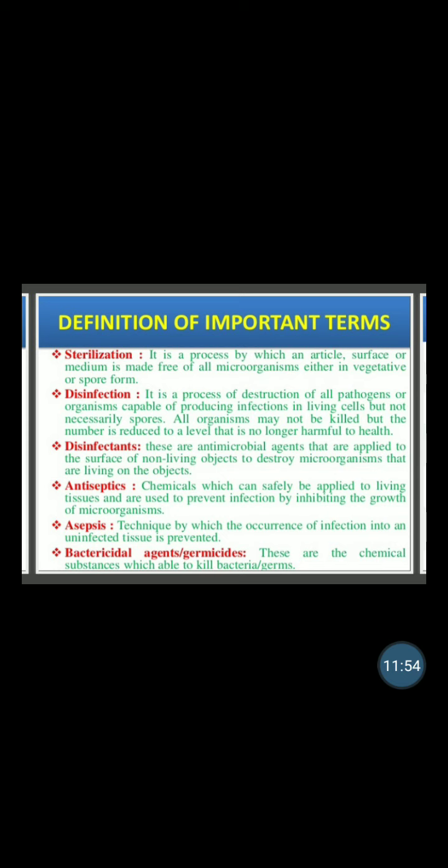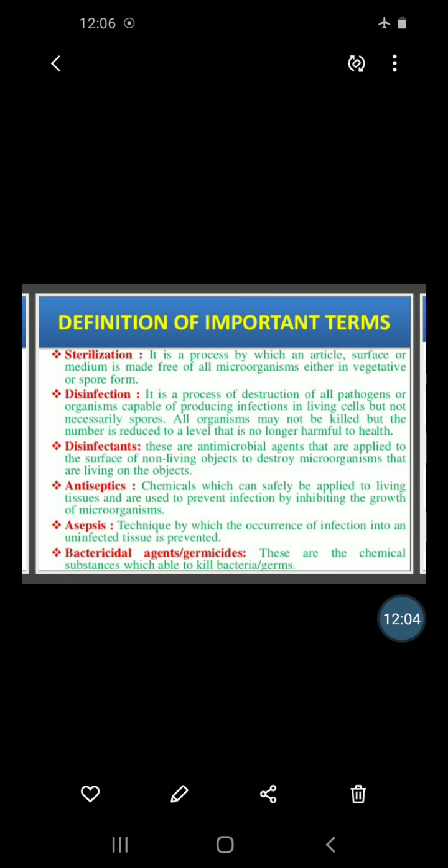Thus, it effectively kills bacteria in water and on other surfaces of the earth in tropical countries. The sunlight can even kill the bacilli in 2 hours.